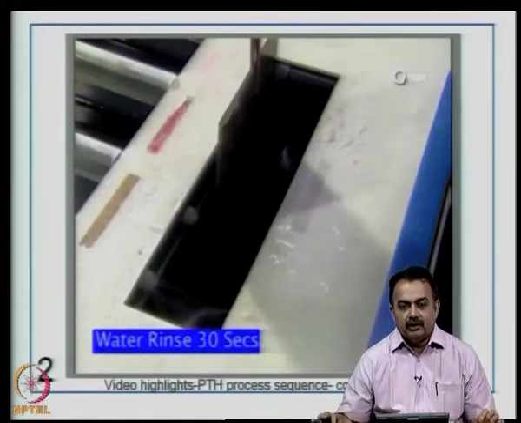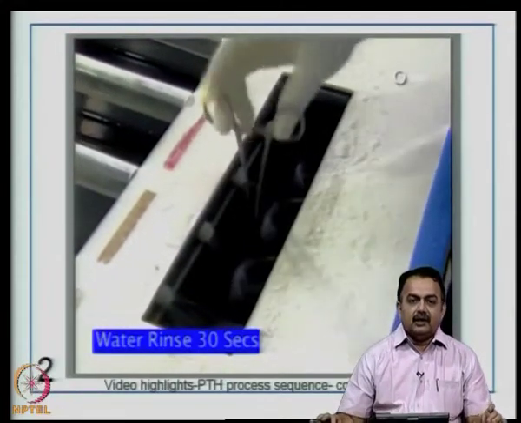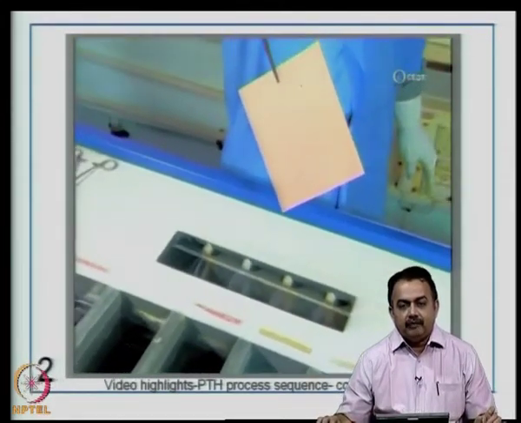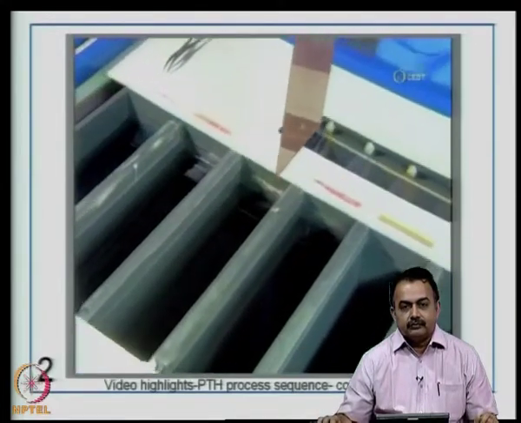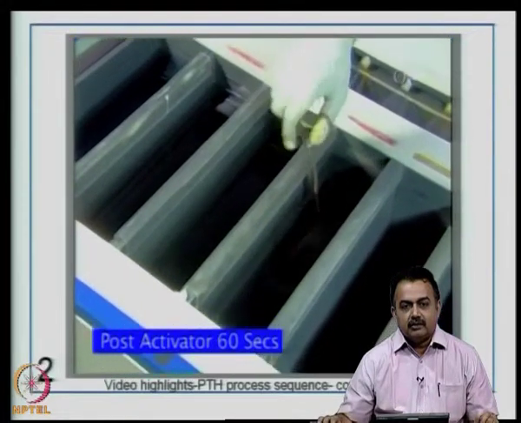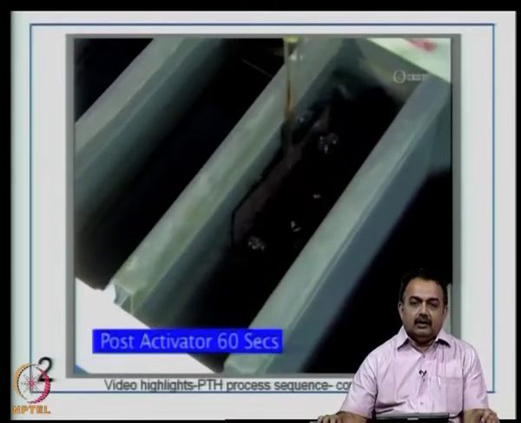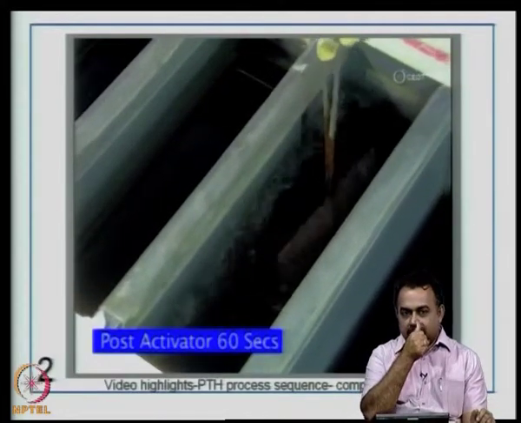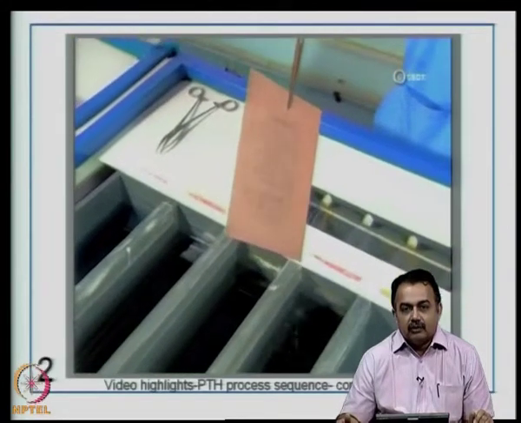Now, you follow it with a cascade rinse typically, but what we are showing here is a spray rinse, very soft spray, and finally, after this activation is done, we now introduce it into the sequence of chemicals, that is a post activator. Here, as you can see, the palladium atoms will be split, the embryos will be split and they will be dispersed from the embryo, forming a very uniform layer on the surface of copper as well as the through hole walls.